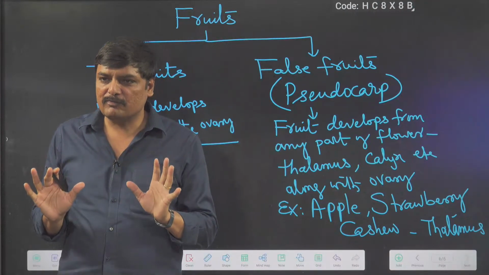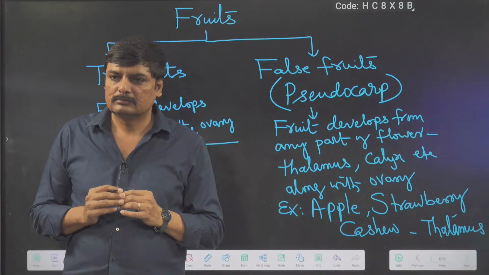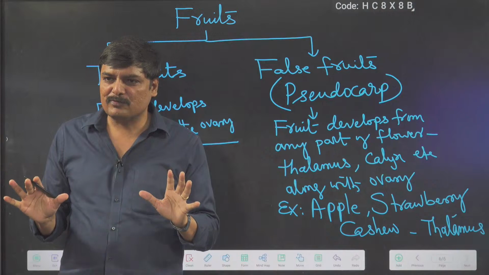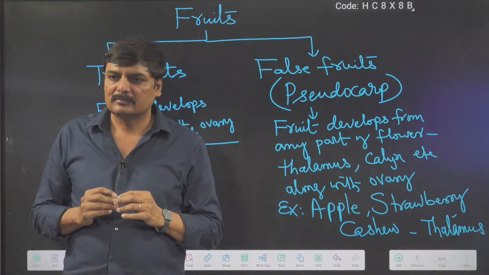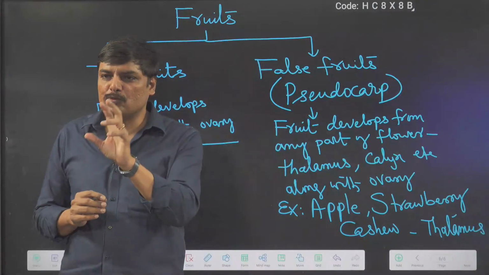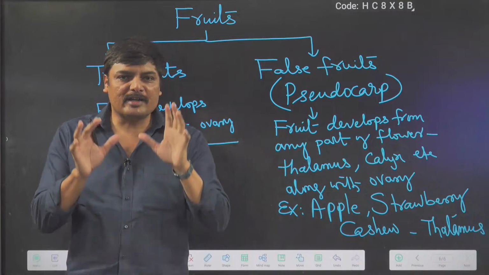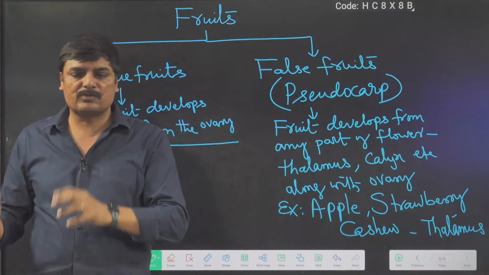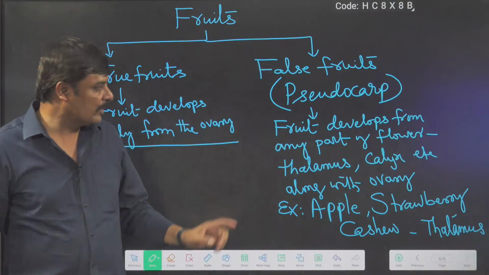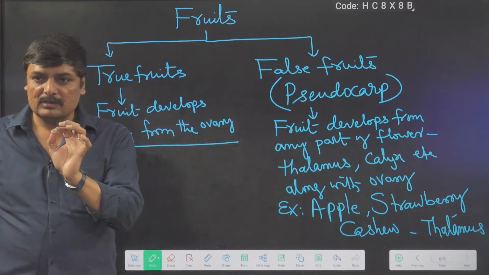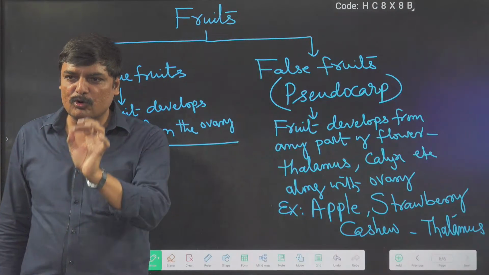You know what is a fruit. Then how many types of fruits are there? Two types. True fruits, false fruit. What is a true fruit? What is a false fruit? We are talking about any fruit that develops from only ovary.